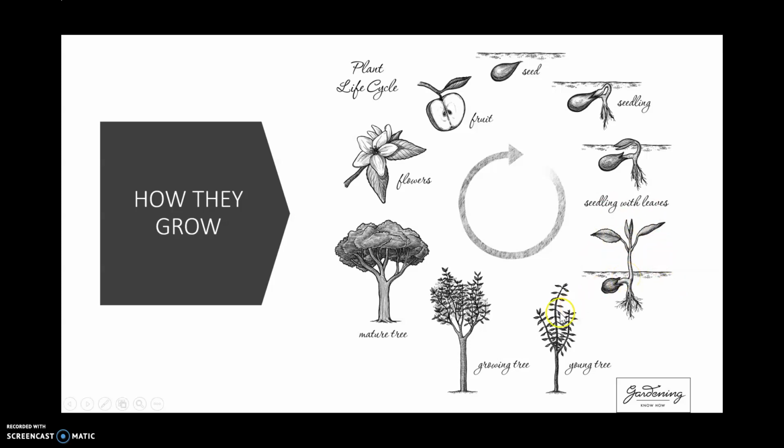It will continue to grow from a young tree into a growing tree and eventually turn into a mature tree, where it will start to flower. These flowers will be pollinated by bees, wasps and insects and turn into fruit, and the fruit will be eaten by some animal and drop somewhere else, and that's how the cycle starts again.